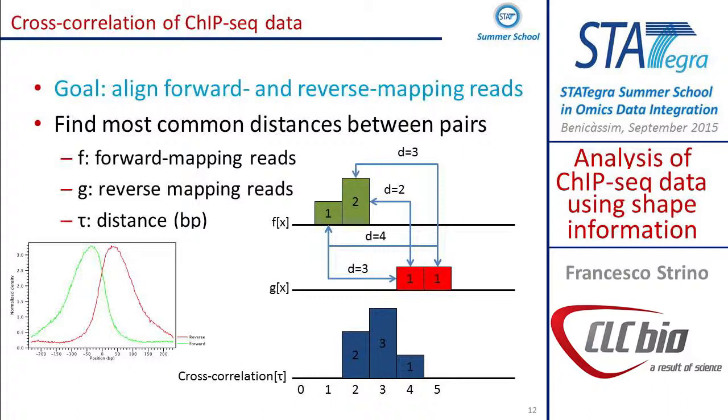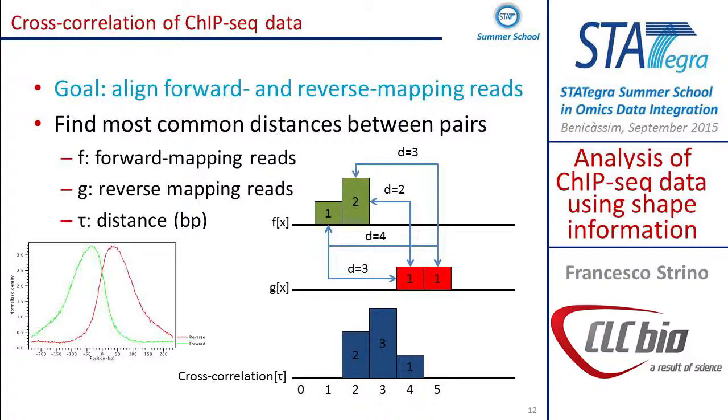If we count, the distance between here and here is 3, between here and here is 3 as well, this internal distance is 2, and this is 4. So we can just plot how many there are, and we get an idea that shifting by 3 is actually the right thing to do.